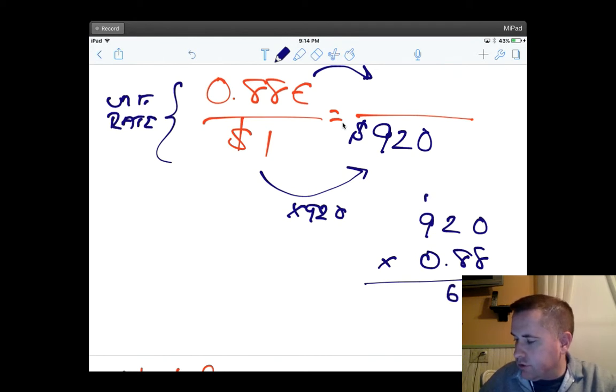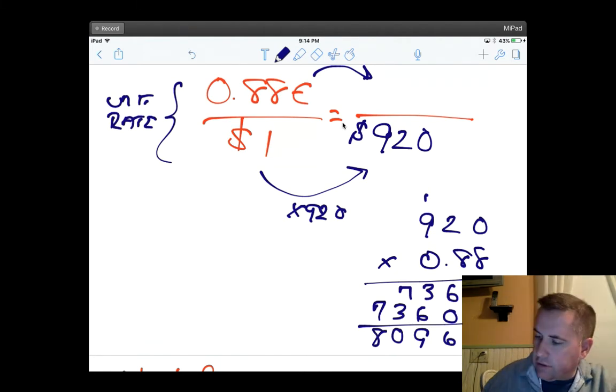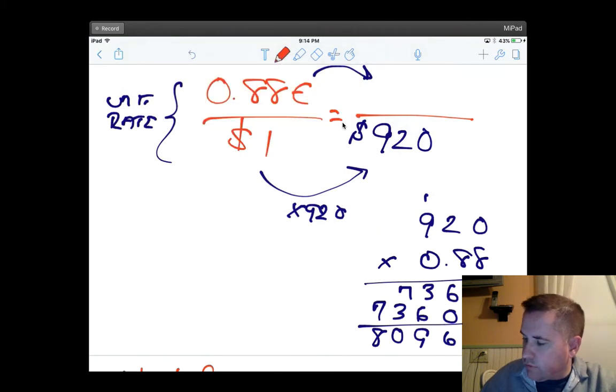8 times 2 is 16. 8 times 9 is 72 plus 1 is 73. And then again, 0, 6, 3, 7. Add them up: 6, 9, 6, 8. And here's the thing, don't forget, it's not a matter of bringing decimal points down.